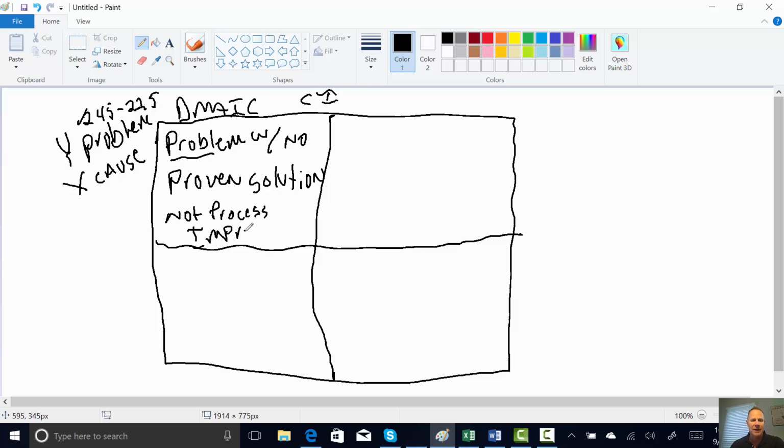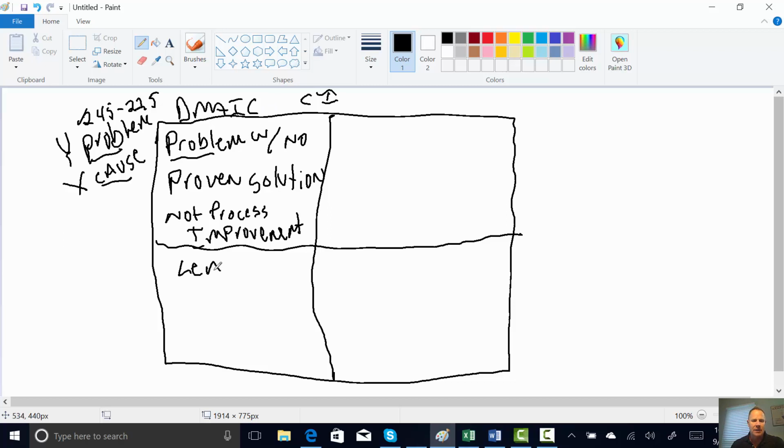Now, that doesn't mean you cannot improve a process using DMAIC, but you improve a process to fix a Y because you think the process is the cause. But in this example, there would be no process-related cause to why I'm 245. All right, so that's the DMAIC methodology.